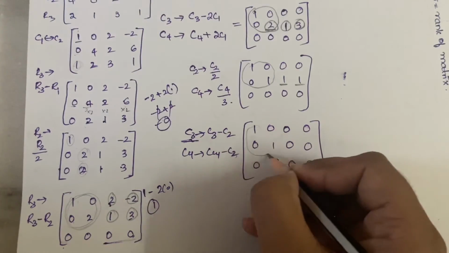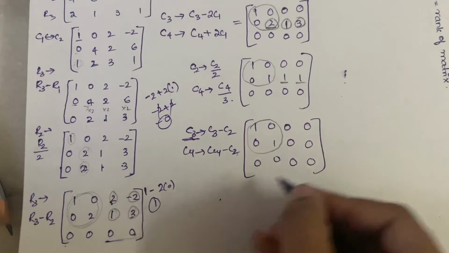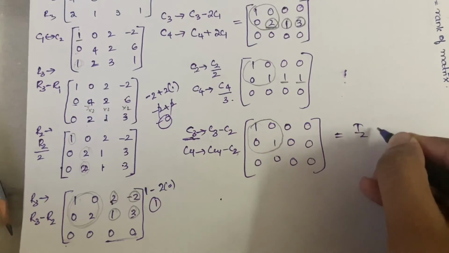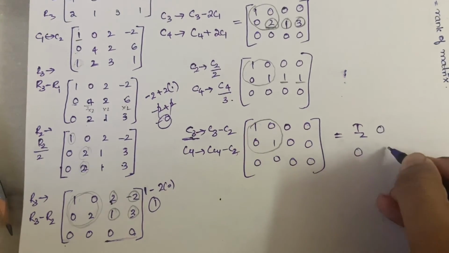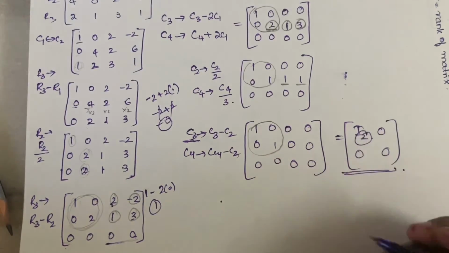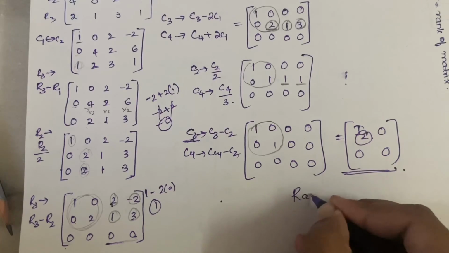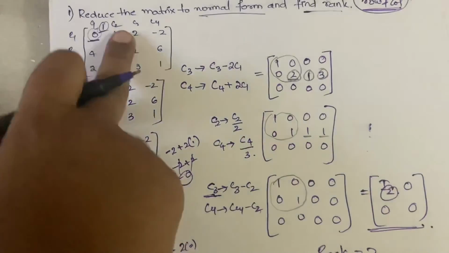Because you got an identity matrix surrounded by 0, which is nothing but I2 surrounded by zeros, right? So you got an identity matrix of order 2. So that is why the rank of this matrix will be equal to 2.